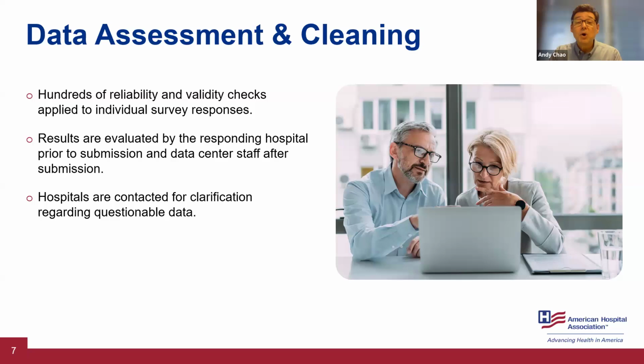I wanted to take a moment to talk about our process for ensuring the accuracy and completeness of the data, since that's such a big part of our value proposition. As we distribute this survey to hospitals, we provide detailed instructions on how questions should be answered. And then we have a staff that's available to help respondents if they need support throughout the year. The platform we use to collect information has validity checks built into it.